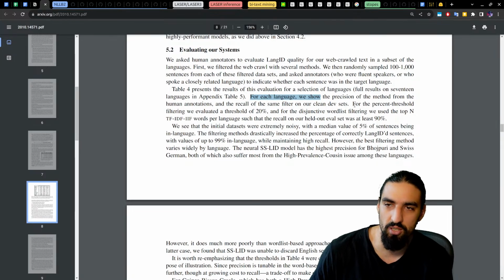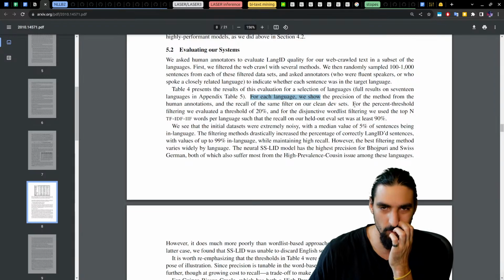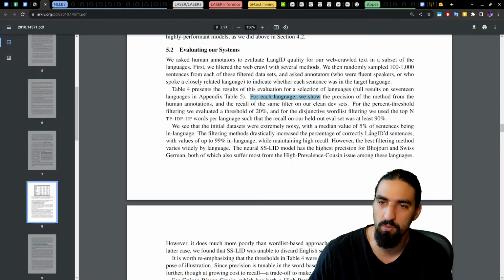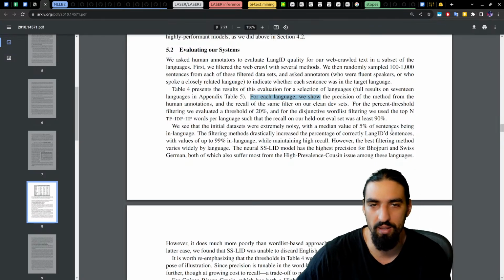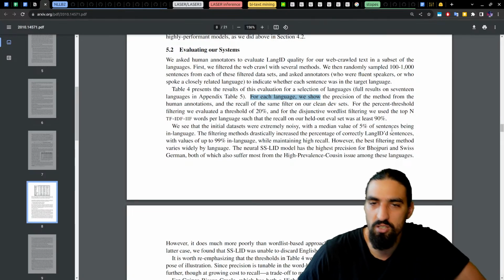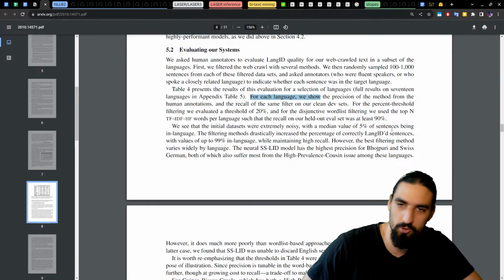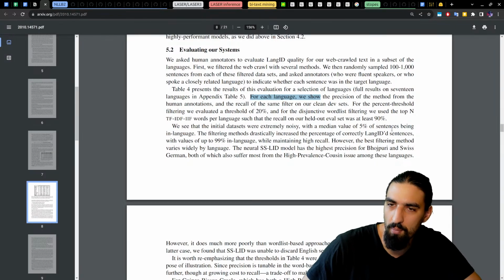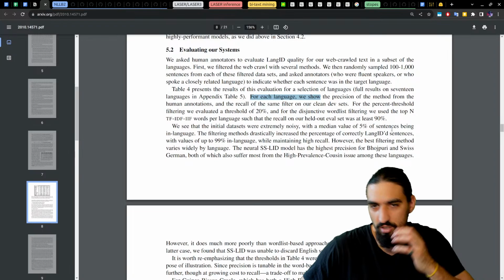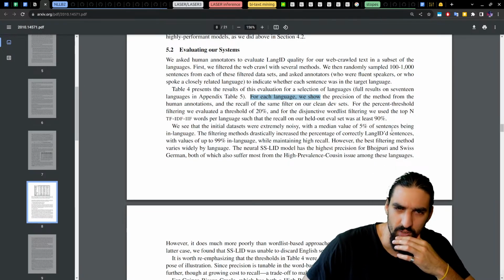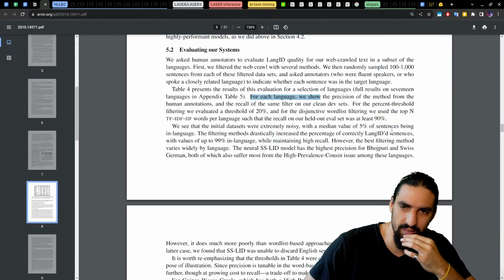For the percent threshold filtering, we validated a threshold of 20%, and for the disjunctive wordlist filtering, we used the top N words per language such that the recall on our held out eval set was at least 90. We see that the initial datasets were extremely noisy, with a median value of 5% of sentences being in language. The filtering methods drastically increased the percentage, with values of up to 99% in language, while maintaining high recall.